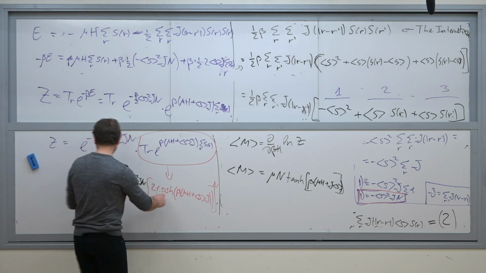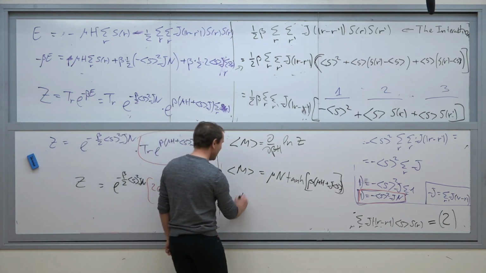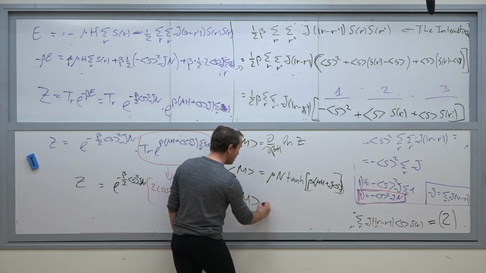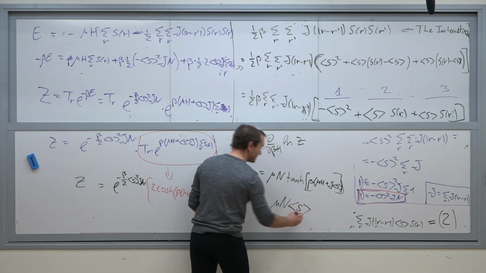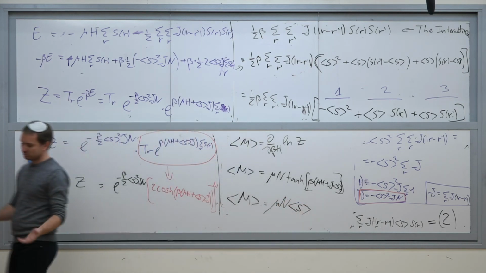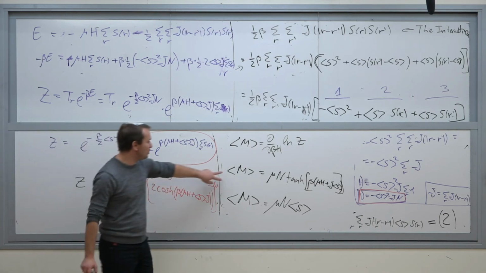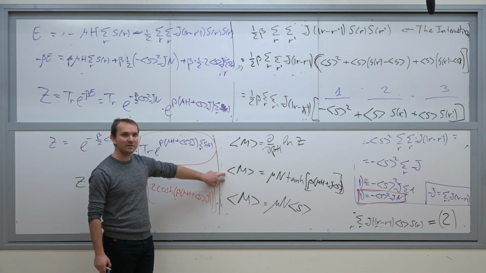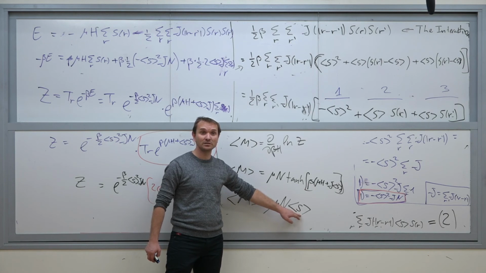But I know if I have a non-interacting picture, I should have m equals mu n average s, because they are all constant. This gives me those two equations. They give me the solution for what is the average s in this system.